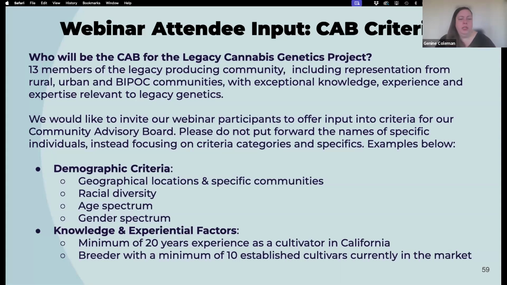I want to be really clear that we haven't set any criteria beyond the baseline criteria above, but just as an example, one idea is a minimum of 20 years experience as a cultivator in California. Another concept is a breeder with a minimum of 10 years of established cultivars currently in the market. So those are just some ideas to get us going.